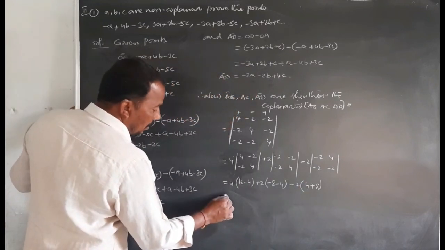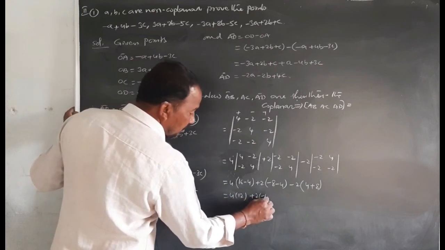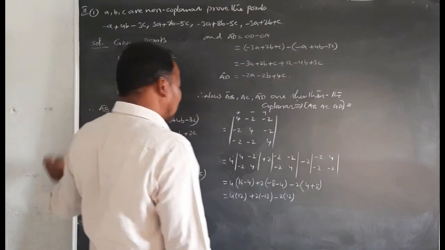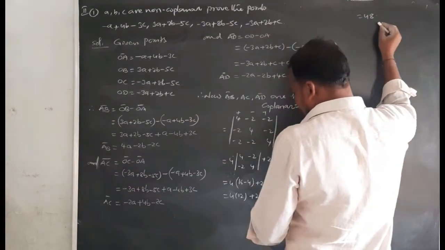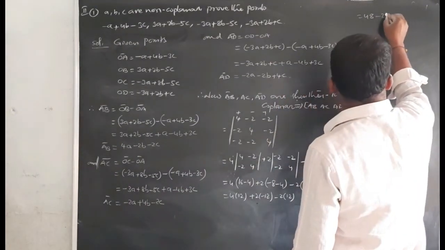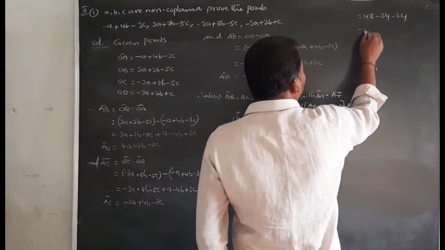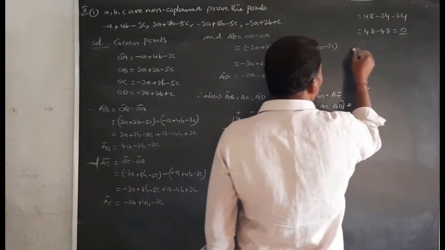4 into 12, plus 2 into minus 12, minus 2 into 12. 12 fours are 48, 12 twos are minus 24, 12 twos are minus 24. 48 minus 48 equals 0.